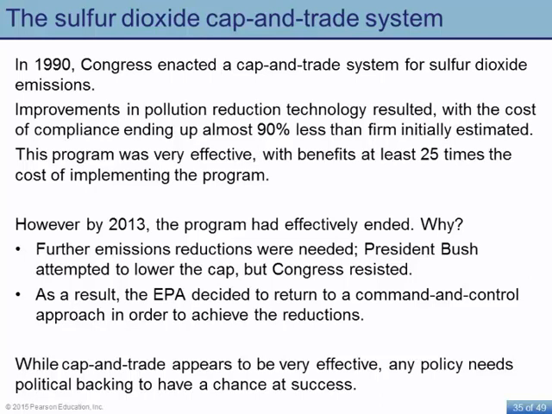Furthermore, the dollar value of the total benefit of reducing sulfur dioxide turned out to be over 25 times greater than the initial cost. However, allowance trading essentially ended in 2010 when the EPA replaced it with 4 separate trading programs under the Cross-State Air Pollution Rule. But the United States Court of Appeals for the District of Columbia effectively shut down this new trading system, and as a result, the EPA returned to a previous command and control system.